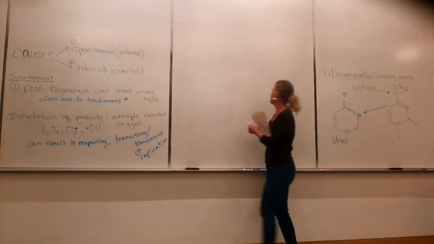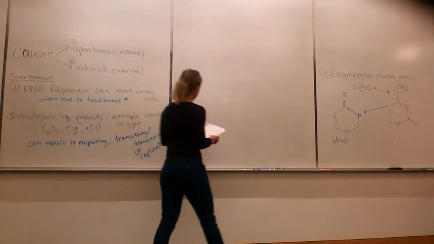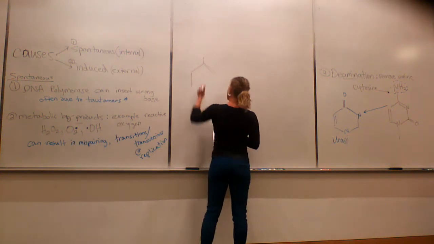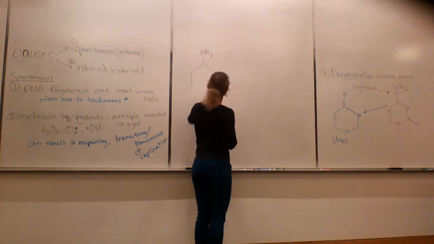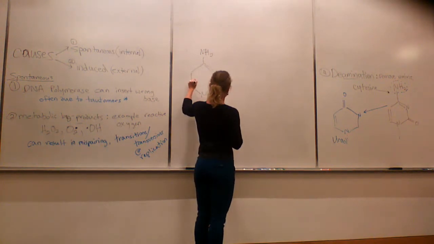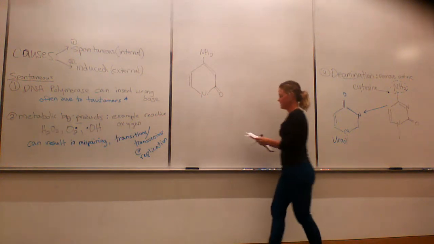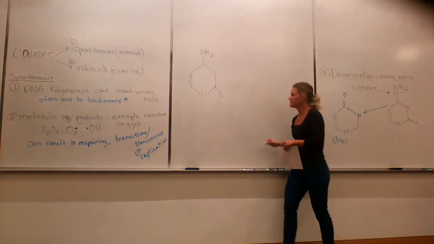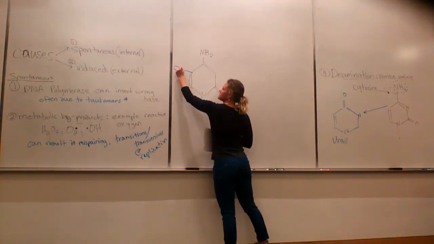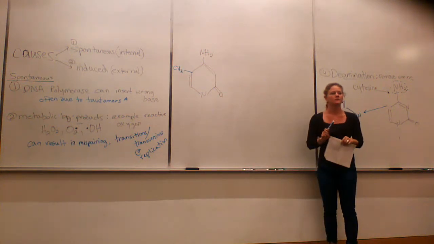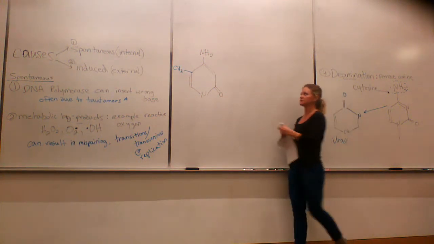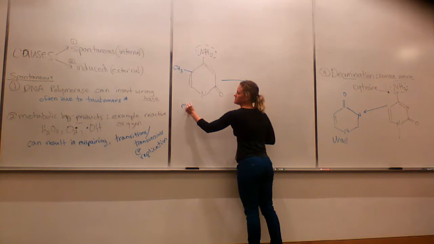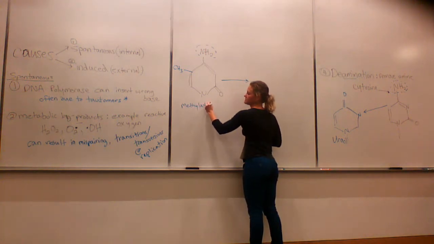So you have your cytosine up here, and it's typically going to be methylated. And then if this undergoes deamination where you remove the amine group, so this is methylated cytosine.